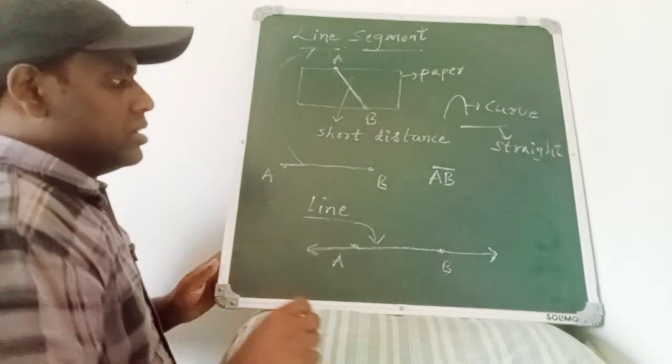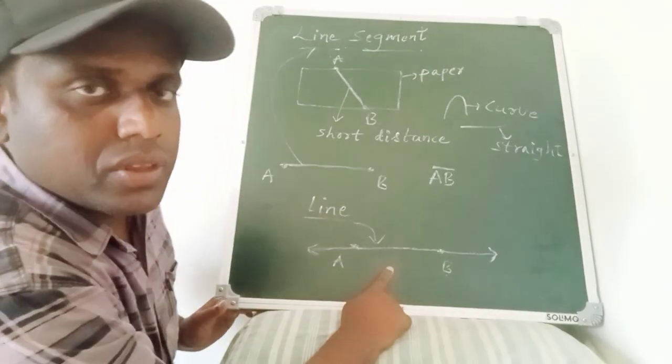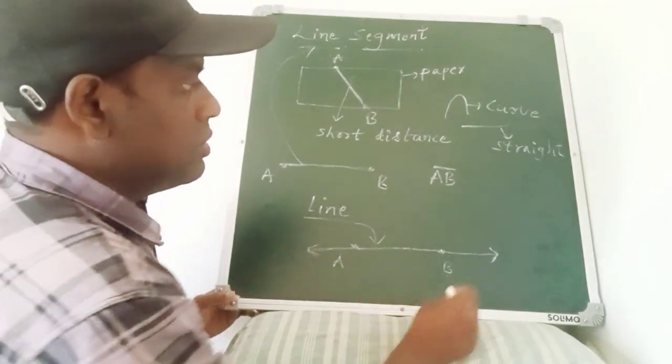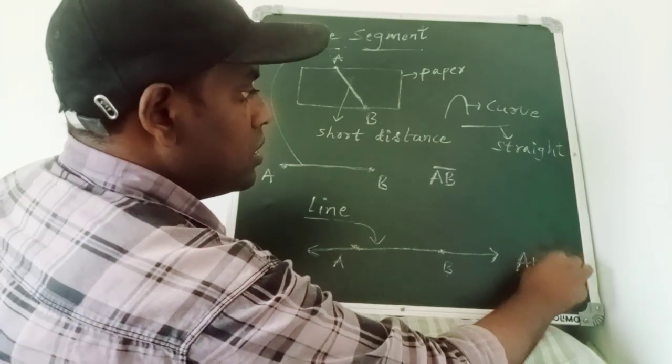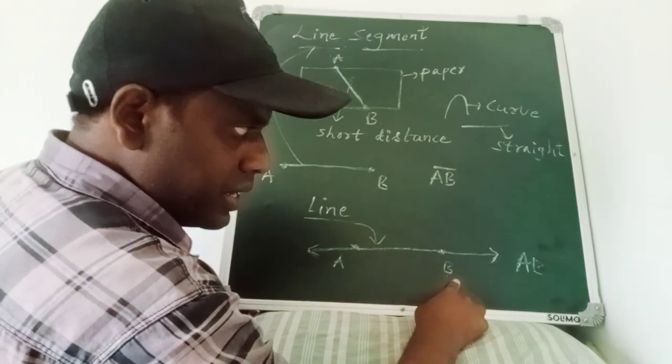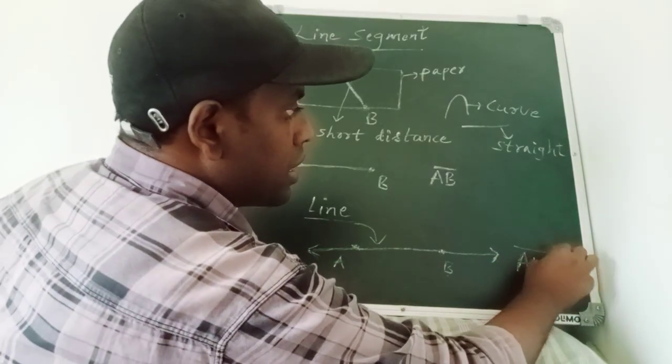Similarly, this is the line I said. How will we represent it? We write AB, this A and this B, and we put arrow marks like this.